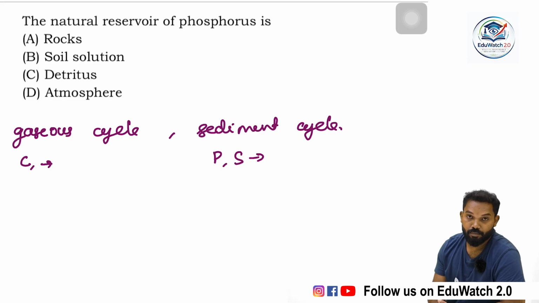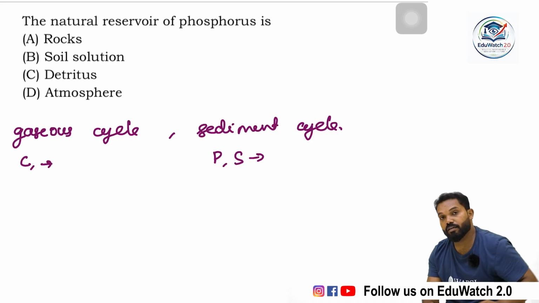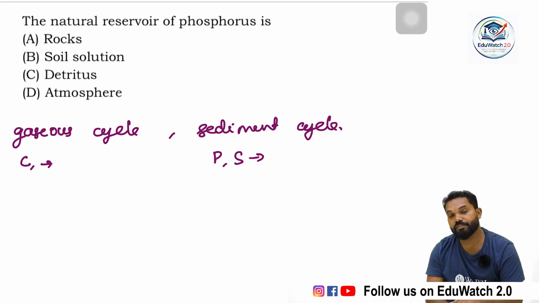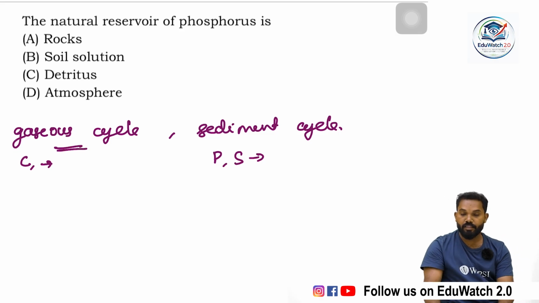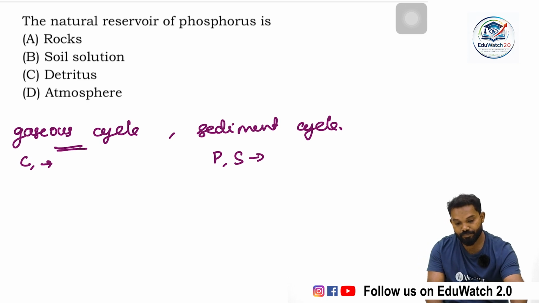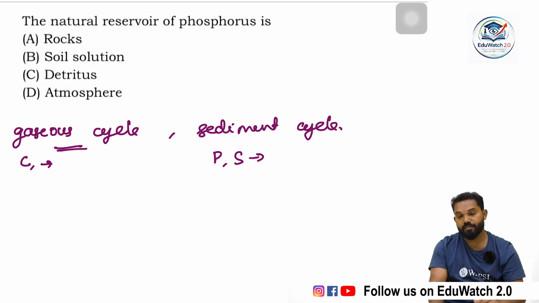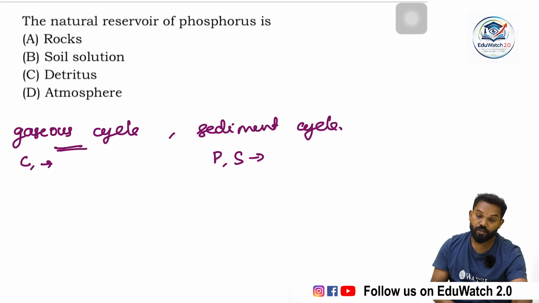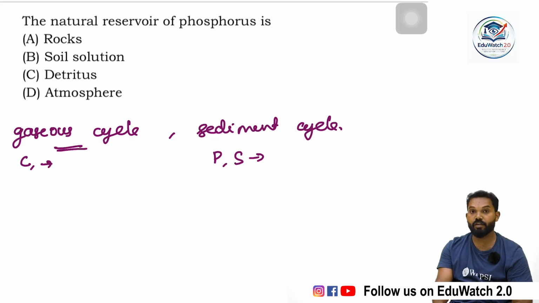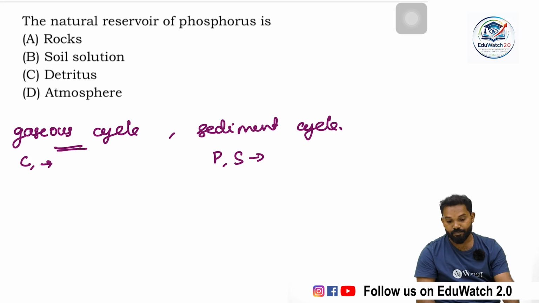In the case of carbon, the main reservoir is actually the sea or ocean, but the carbon is easily available from the atmosphere. So this one is a gaseous cycle. But phosphorus and sulfur come under the sedimentation cycle, because the main reservoir is the phosphorus rocks and the sulfur rocks of the earth.